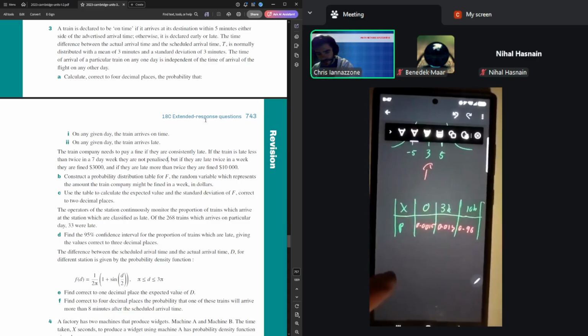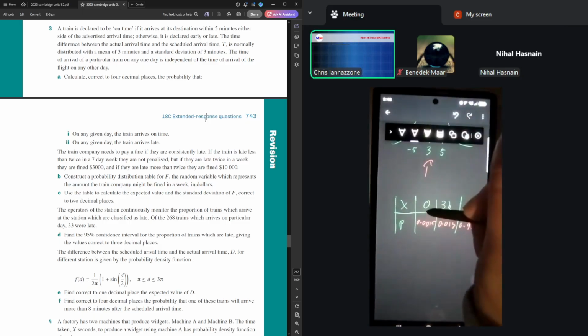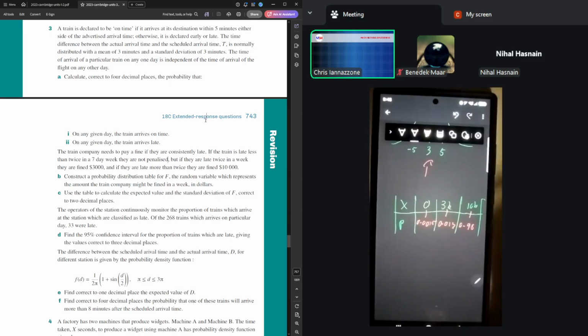So, can anyone remind me how we do mean or expected value for discrete? Find the sum of the x value multiplied by the probability. Yep. You just multiply downwards, and then you add each of the individual results at the end.